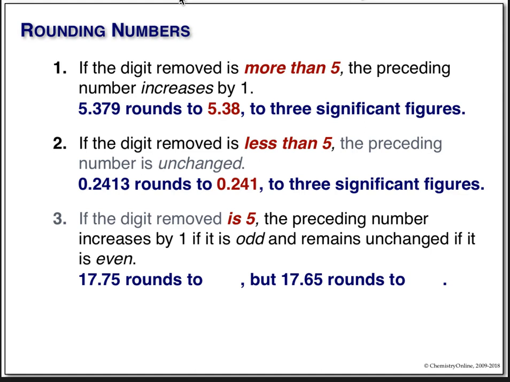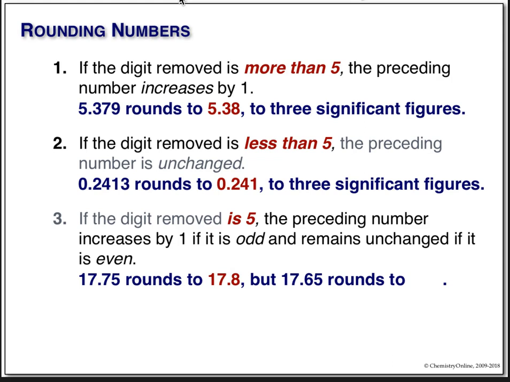The thing that people don't quite know what to do with is what if your least significant figure is a 5? Basically, the preceding number increases by 1 if it's odd, and remains unchanged if it's even. This means that 1775 would round to 1778.